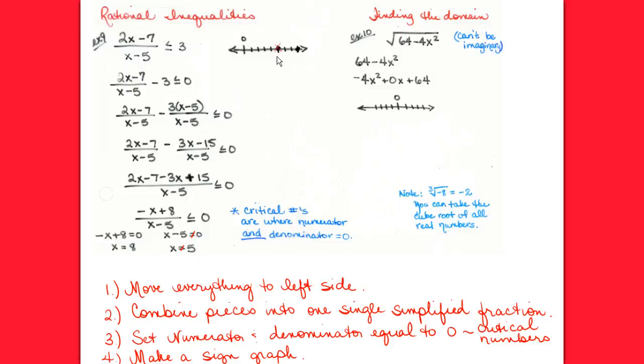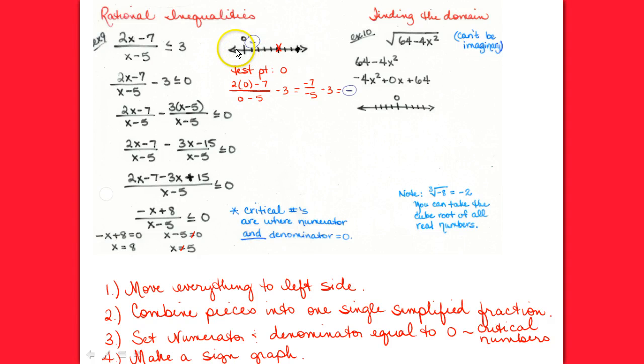All right, so now we're making our sign graph. So we've got our critical numbers. I could pick a test point like 0 and plug it in. So if I come back and plug in here 2 times 0 minus 7 gave me the negative 7. And then 0 minus 5 gave me the negative 5. And then subtract the 3. So I end up with a negative value.